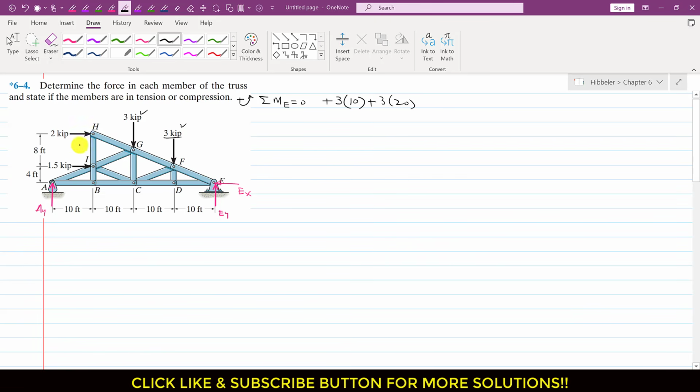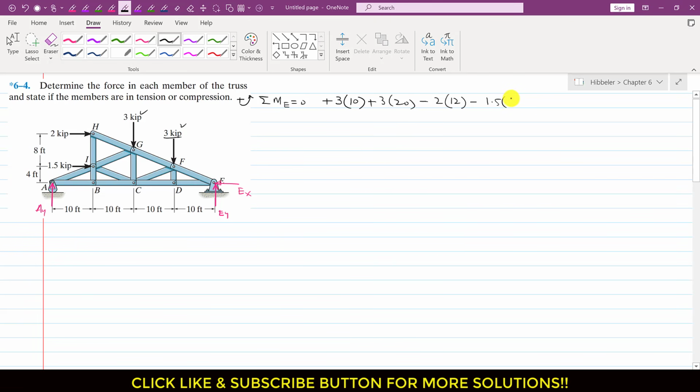This 2 kip force is producing a clockwise moment about point E, so I will write minus 2, and the perpendicular distance of this 2 kip force from point E is 8 plus 4, which is 12, so I will multiply with 12. Similarly, this is also clockwise, so I will write minus 1.5, and the perpendicular distance is this 4 feet.